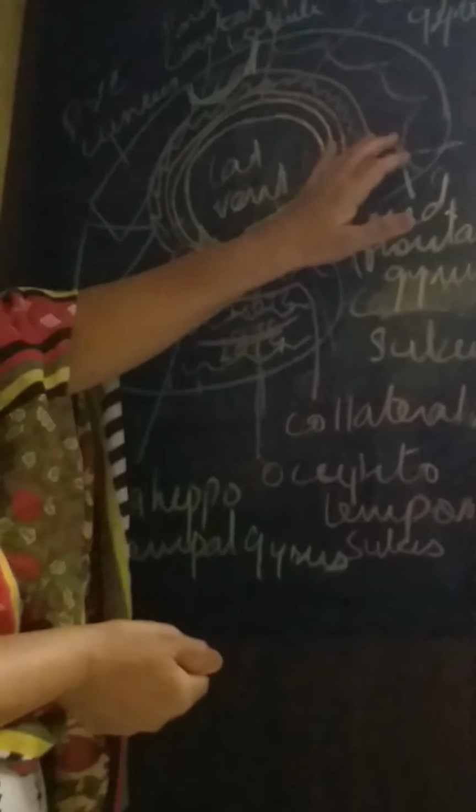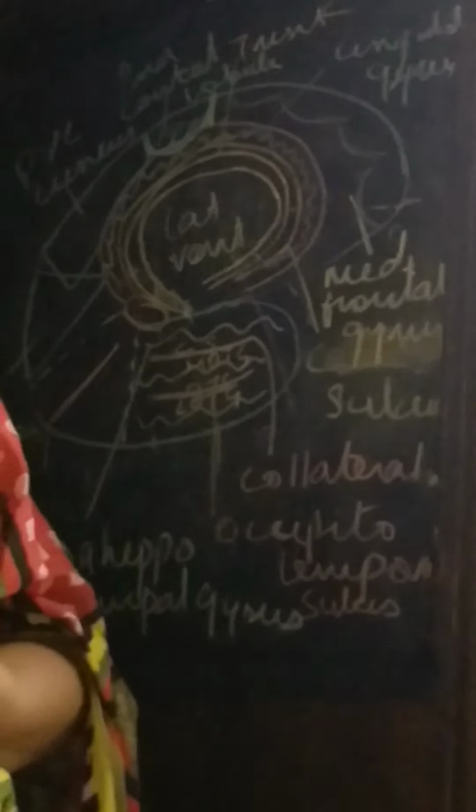The two cerebral hemispheres are connected with each other by the corpus callosum. Numerous fibers cross from one cerebral hemisphere to the other, and this is how the two hemispheres are connected.